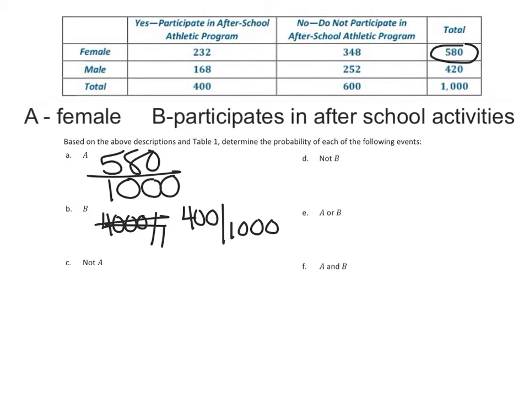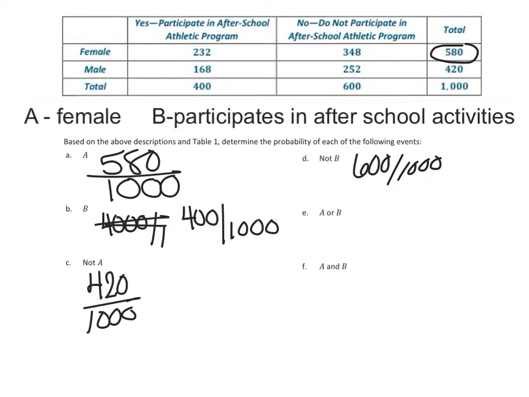The only option here is if you're not female, then you are male. So that represents 420 out of 1,000. Not B: if B represents you participate in after-school activities, not B represents you do not participate. I would say that was 600 out of 1,000.